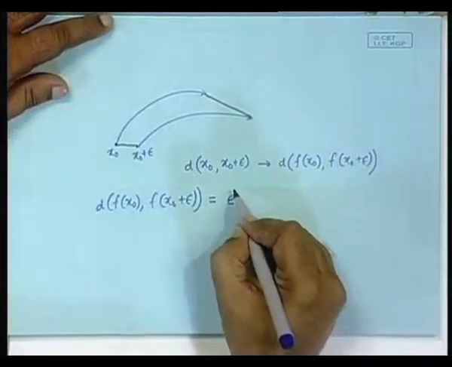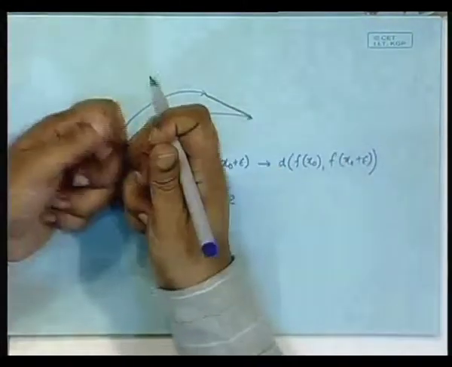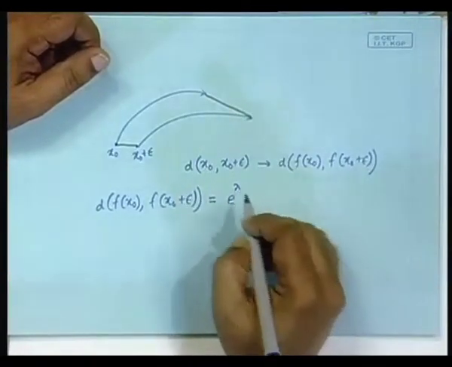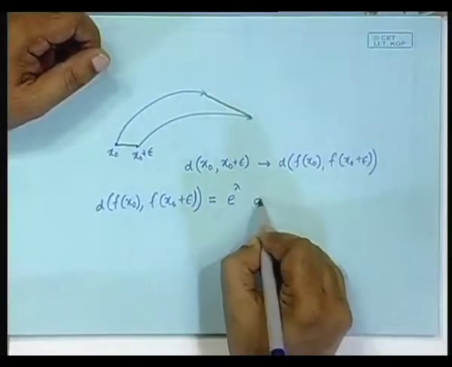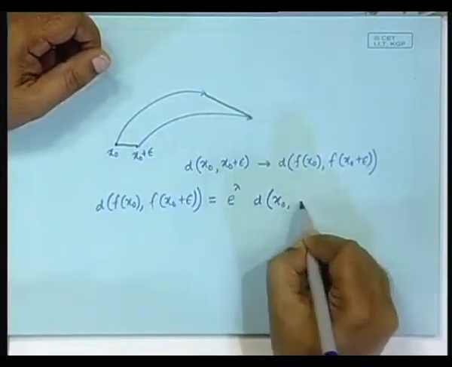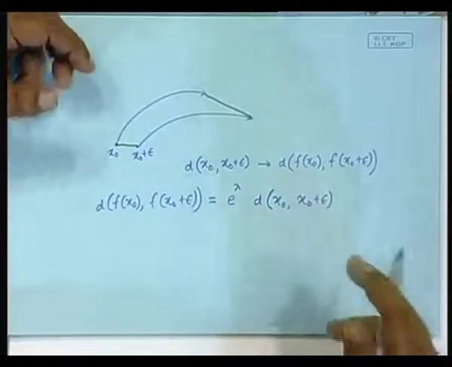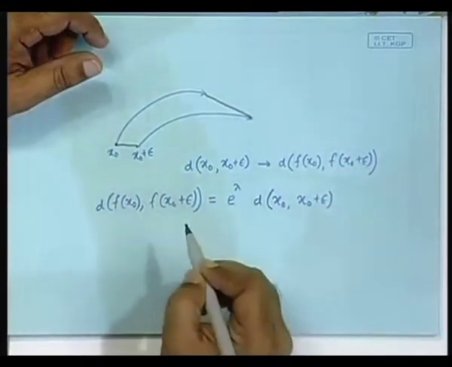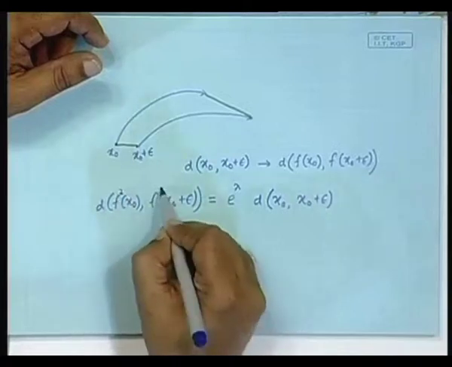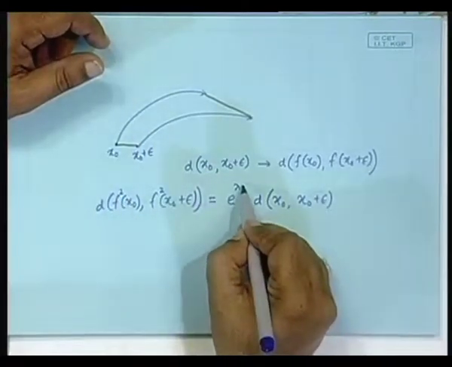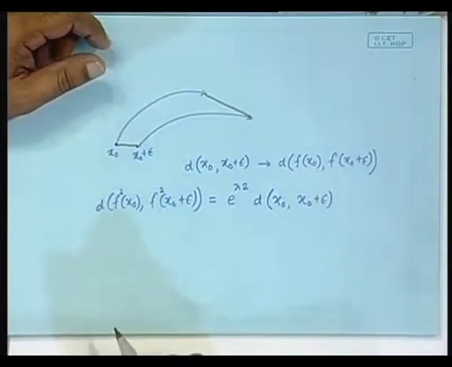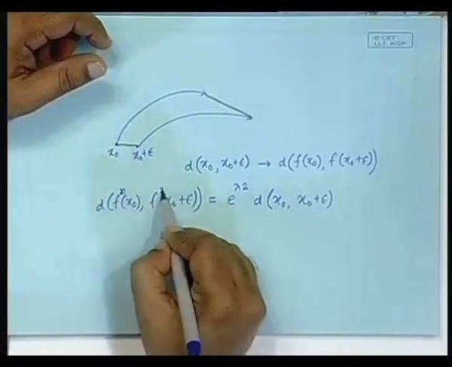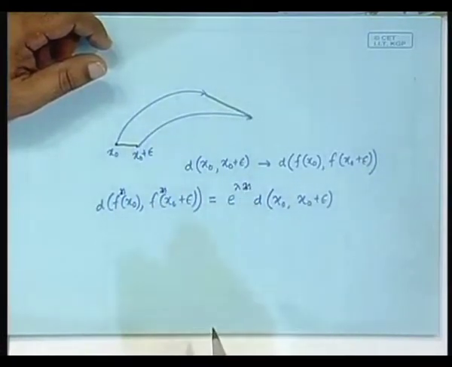So e to the power lambda, this is exponential separation. We are talking about exponential increase in separation. So e to the power lambda times d of x naught, x naught plus epsilon. If you take say two iterates, then we might say twice iterated, and if it is n iterated, we would say e to the power n lambda.